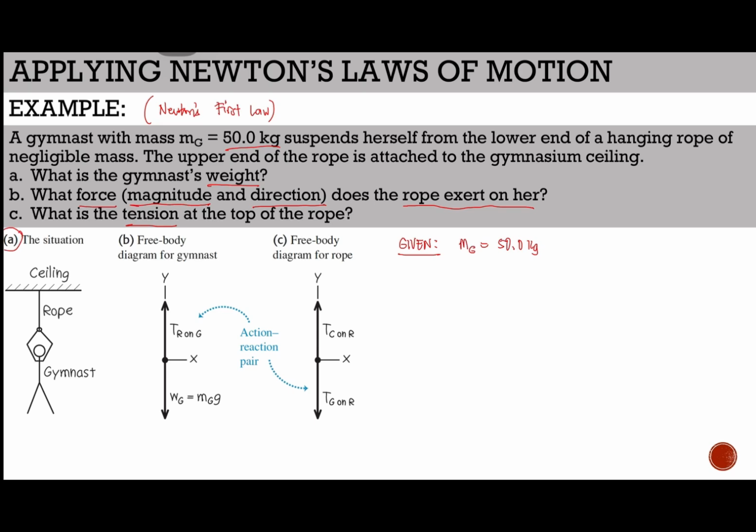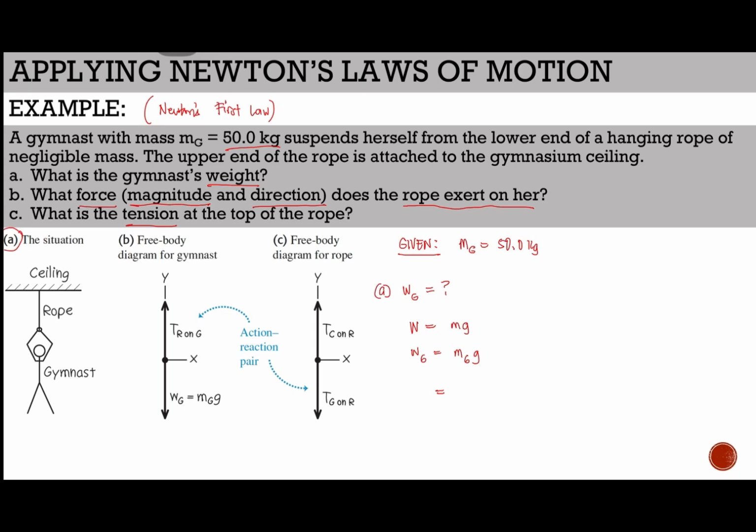Okay, now for letter A, we are asked to solve for the weight of the gymnast. If you can still remember the formula to solve for the weight given the mass of the object, we have weight is equal to mass times gravity. So to solve for the weight of the gymnast, we have the mass of the gymnast times the acceleration due to gravity g.